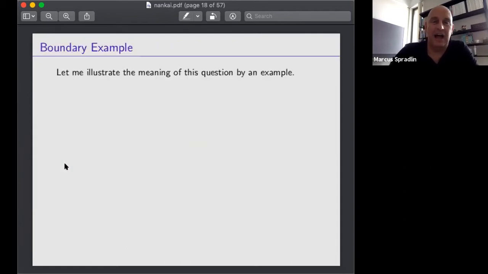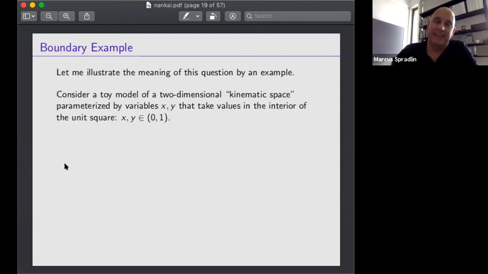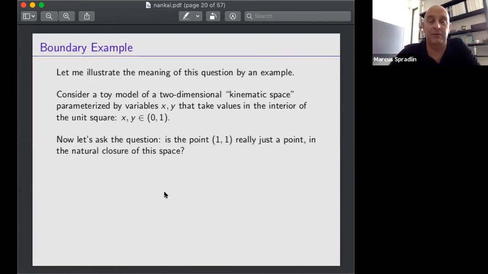But let me illustrate this by a simpler example. And I'm going to go a little quickly here because this is a little embarrassing to give to mathematicians, because all I'm going to be doing is explaining what a blowup is. So let's consider a toy model of a 2-dimensional kinematic space parametrized by 2 variables that take values in the interior of a unit square.